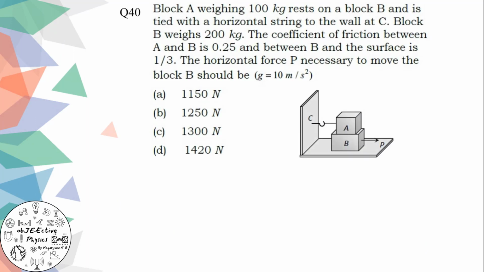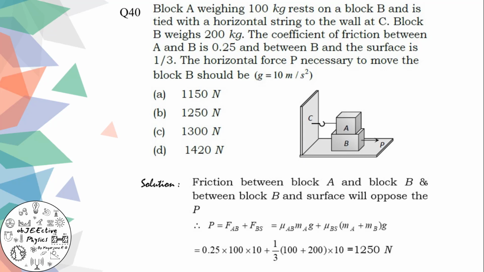40th question. Block A weighing 100 kg rests on a block B and is tied with a horizontal string to the wall at C. Block B weighs 200 kg. The coefficient of friction between A and B is 0.25 and between B and the surface is 1 by 3. The horizontal force P necessary to move the block B should be, g is given 10 meters per second square.